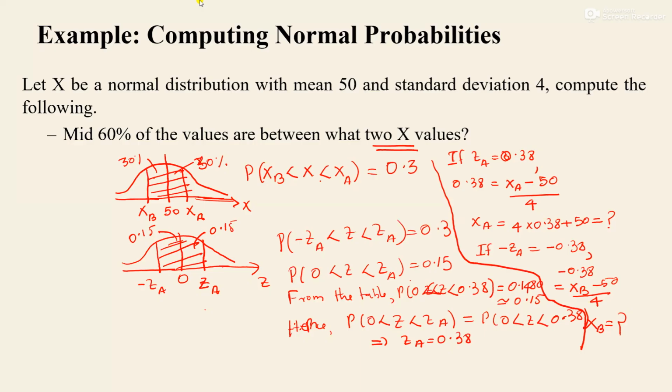Once you identify the area with the x random variable, convert the diagram to the standard normal case. For the standard normal case, values to the left of 0 you can always mark with negative signs.